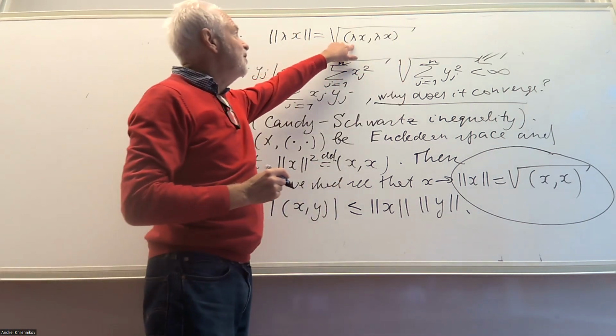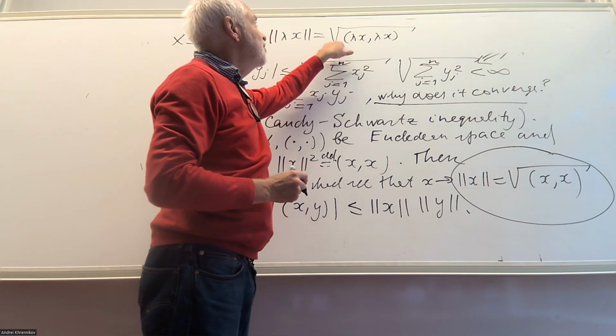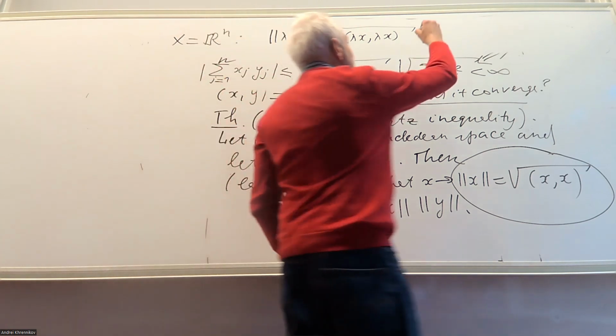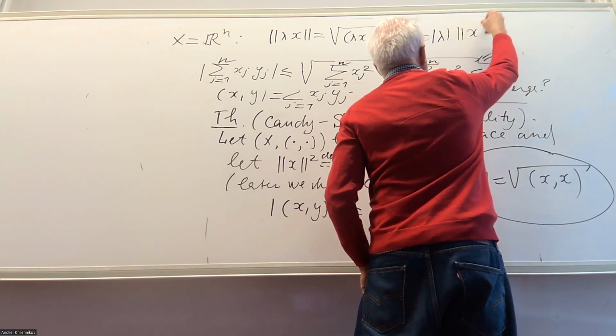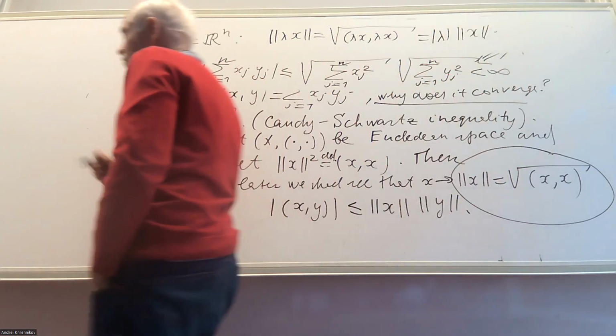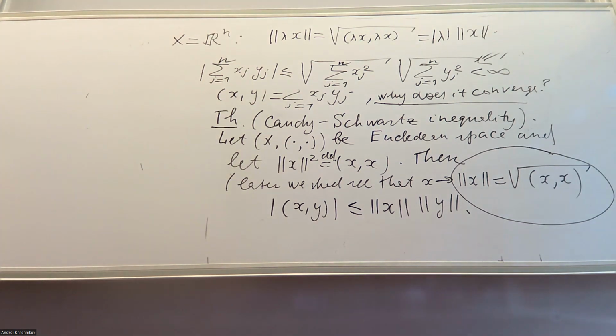Then we can take the numbers out, so it would be lambda squared, so the scalar comes out of the norm with absolute value.